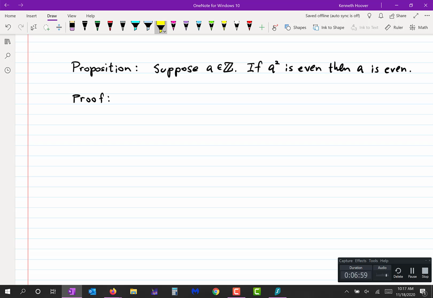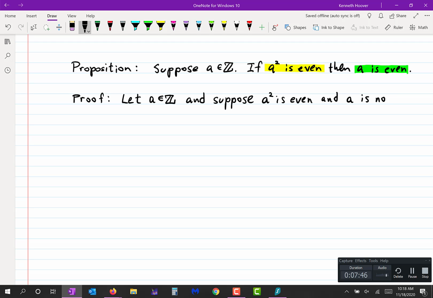So here's A, and here's B. So we start by assuming A and not B. Okay, so let's write, let A be an integer, and suppose A and not B. So suppose A squared is even and A is not even.